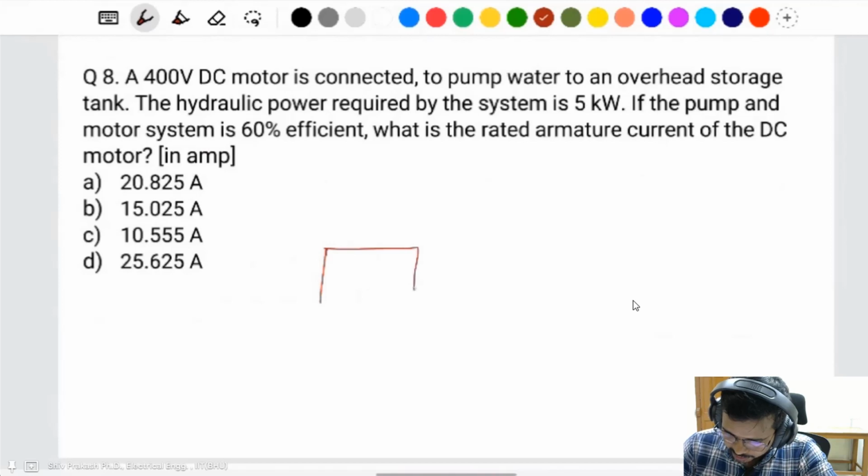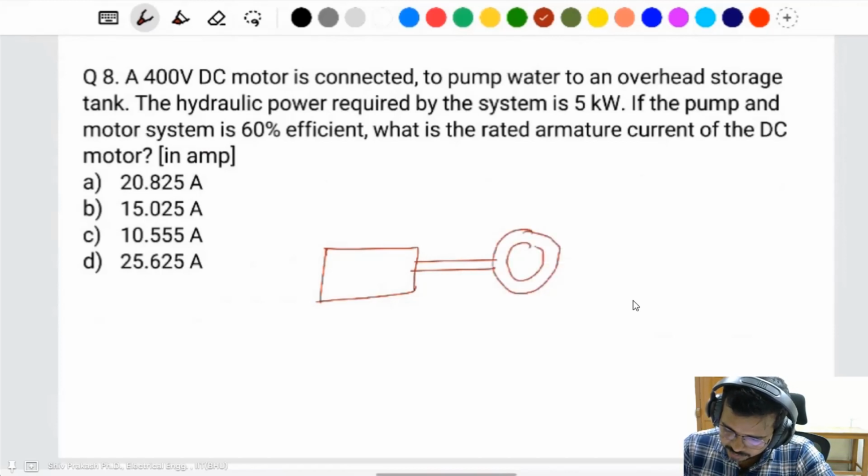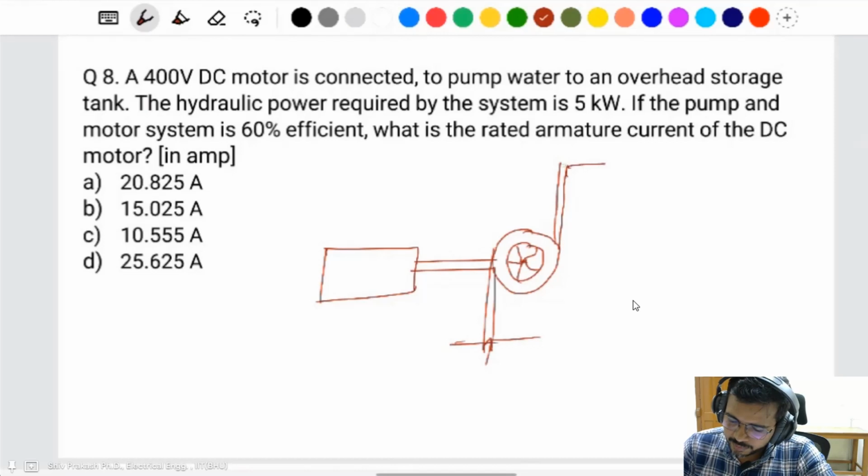There is a motor. This shaft is connected to a pump system. This is the water head. Then there is a storage system.